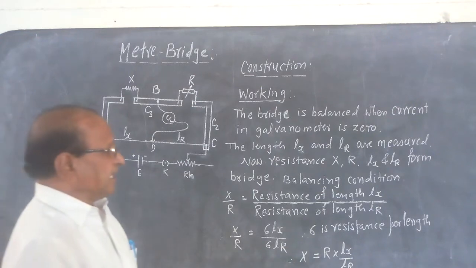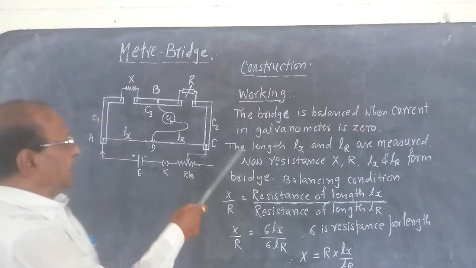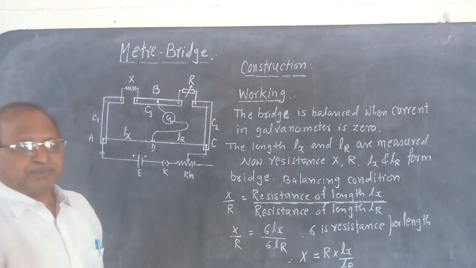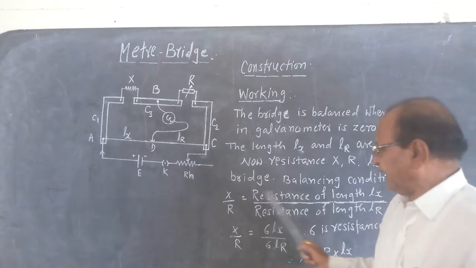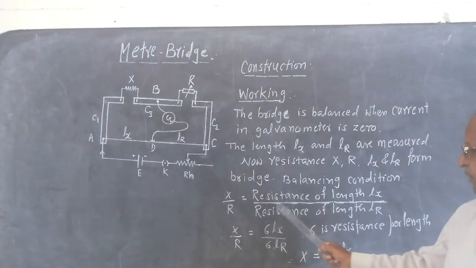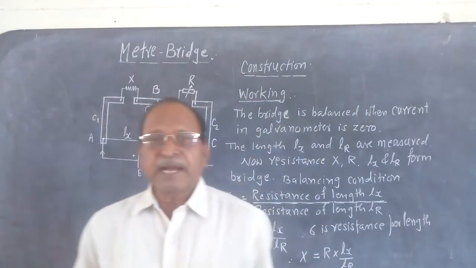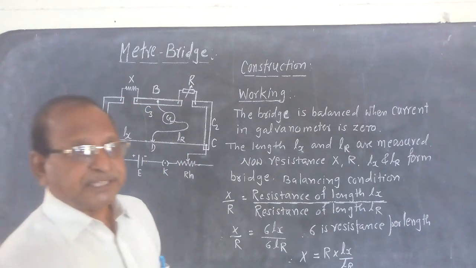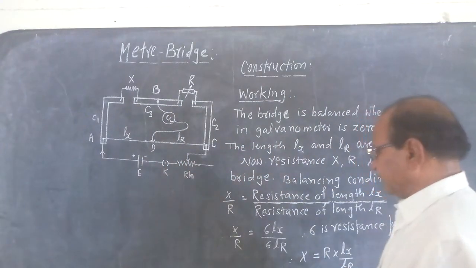From the balancing condition, we get the ratio X divided by R, left to right, which is equal to the resistance of length Lx divided by the resistance of length LR. Now sigma is resistance per unit length. Length is Lx, therefore resistance is sigma Lx.